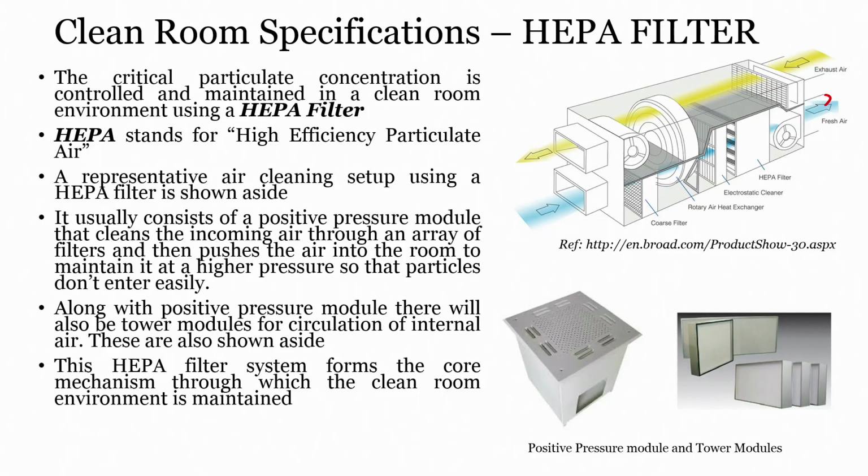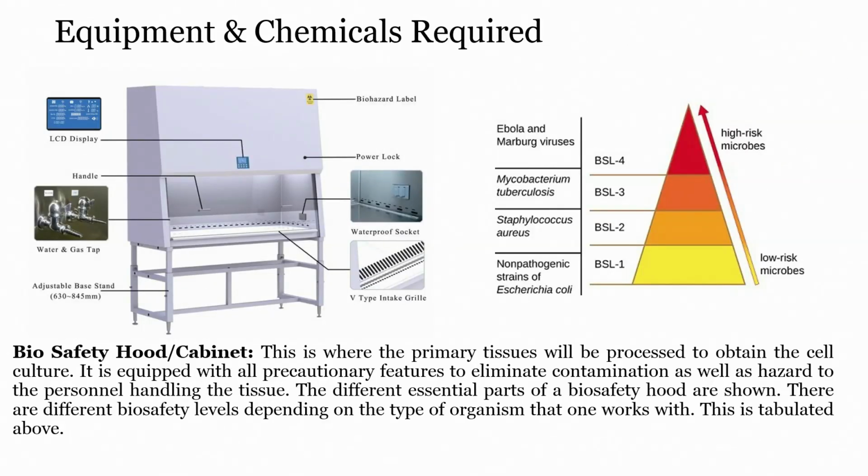That is the advantage of high pressure, so that the particles from outside would not enter the room. Along with the positive pressure module, there will be a tower module for circulating the internal air. These are also shown in the figure. This HEPA filter system forms a core mechanism through which the clean room environment is maintained. HEPA filters are used to keep the clean room environment stable, right.